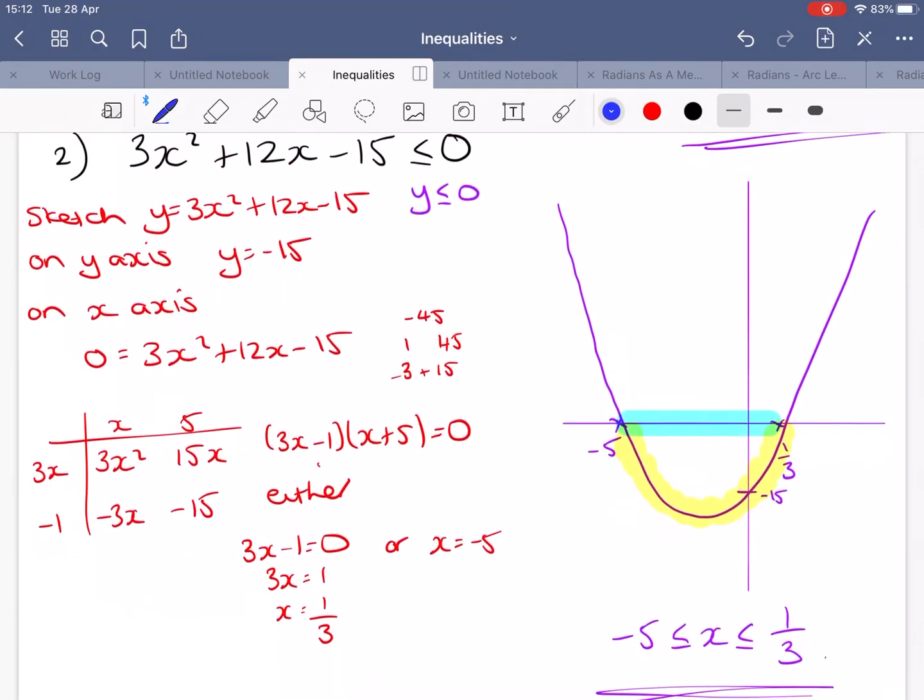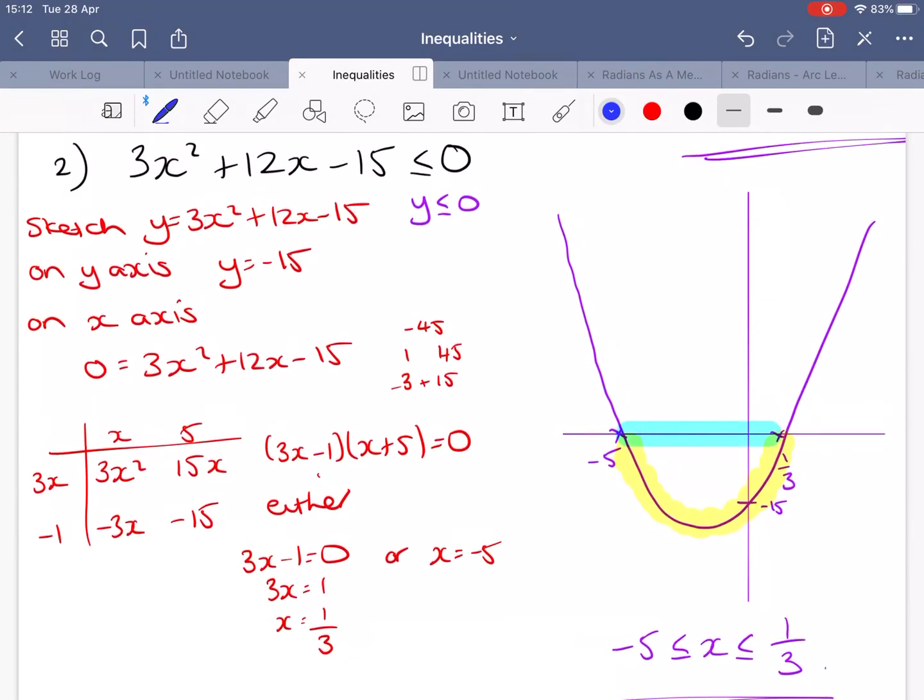Okay, again, next one. It's a straightforward one, just the factorising is a little bit more complicated. But again, when you sketch it, you should have got the two brackets of 3x minus 1 and another bracket of x plus 5. So you know it crosses at -5 and 1/3.